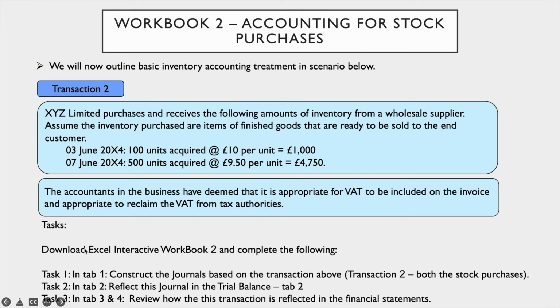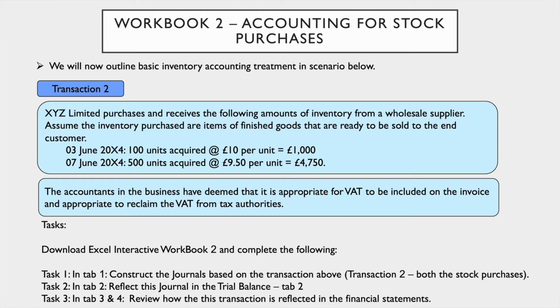Again, what you should do now, or in a few moments when I ask you to pause the video, is download the Excel Interactive Workbook 2 and complete the following. These tasks are the same as previous. In tab 1, construct the journal for transaction 2. Then move on to task 2, which is in tab 2: you have to reflect that journal in the trial balance.